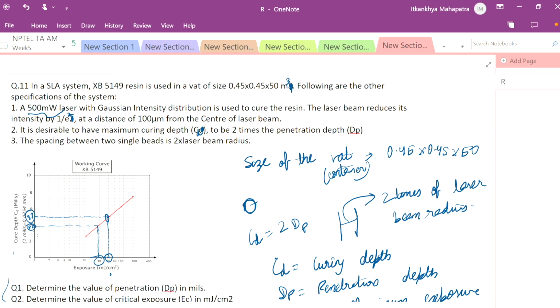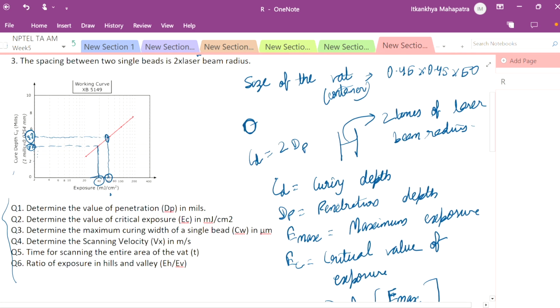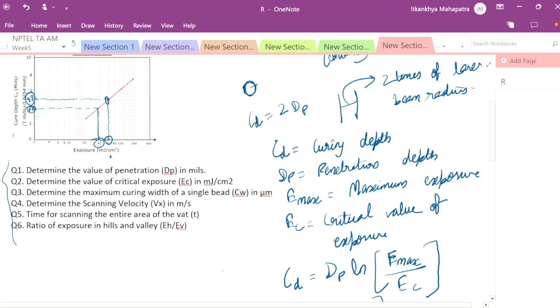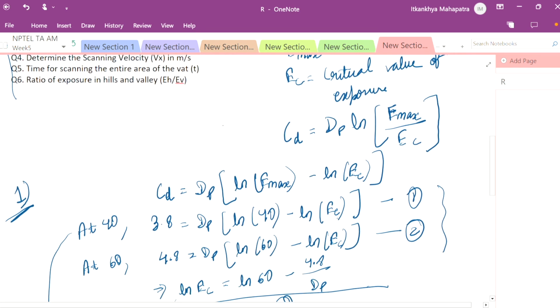And these are the conditions. It is desirable to have maximum cure depth to be 2 times the penetration depth, so CD is 2 dP, and the spacing between two single beads is 2 into laser beam radius. So we found out the penetration depth, and next we will find out the value of critical exposure.